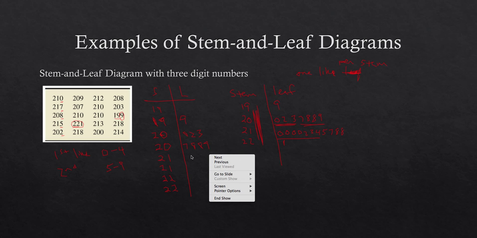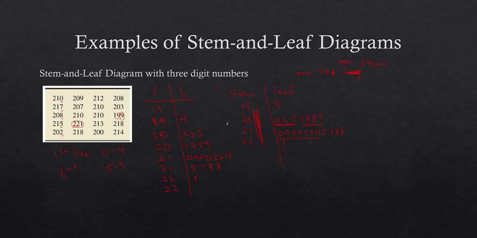So we're going to have 0, 0, 0, 0, excuse my messiness here, 2, 3, 4. And then the rest of this is going to be 5, 7, 8, and 8. And as far as 22, we have a 1, so that's going to go on the first line because it's 0 through 4, remember. And we're not going to have anything on the last line.